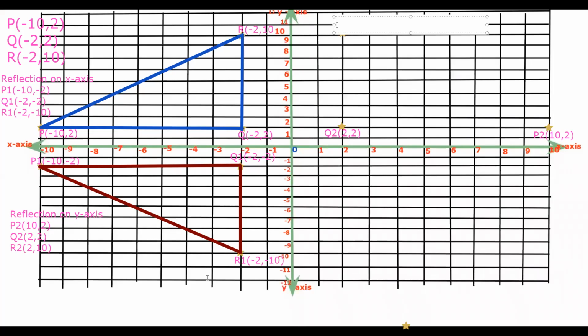You write R2 formed by positive 2 and positive 10. Okay. Then when you're done, you join the points together to form a shape.